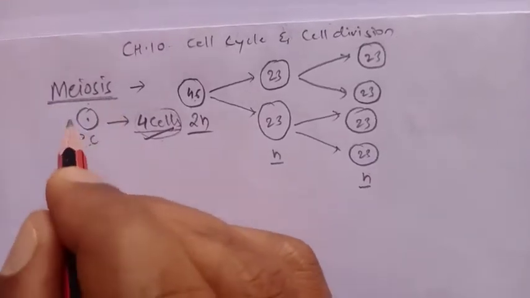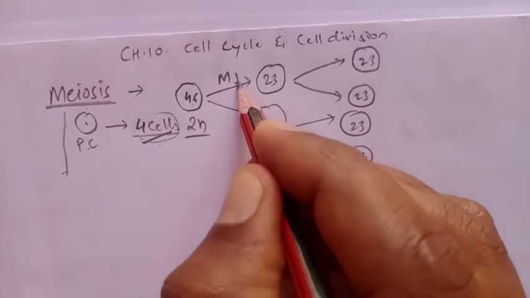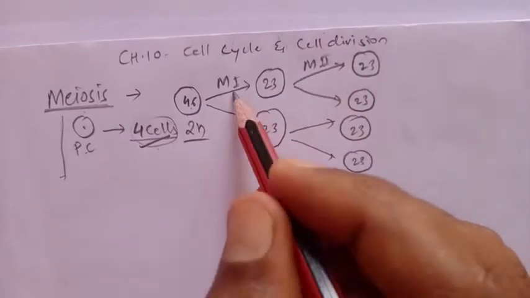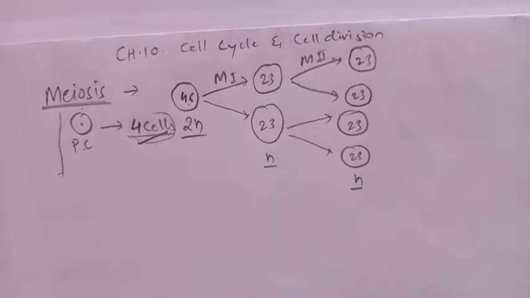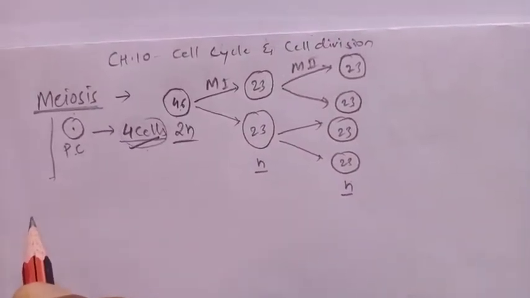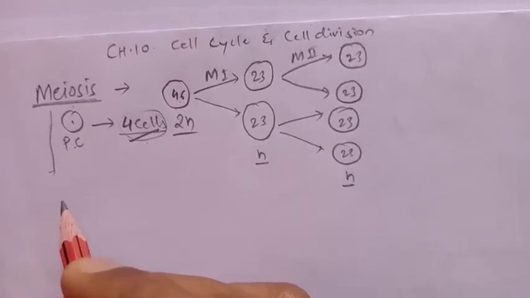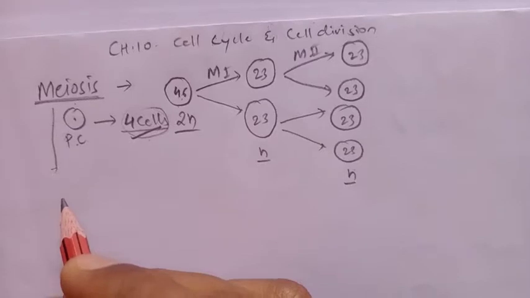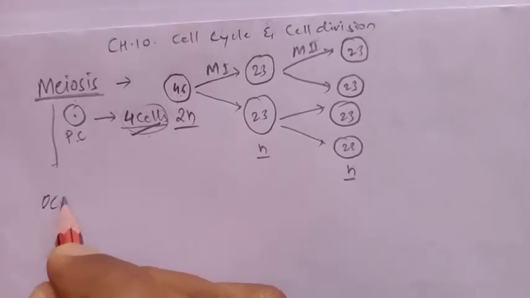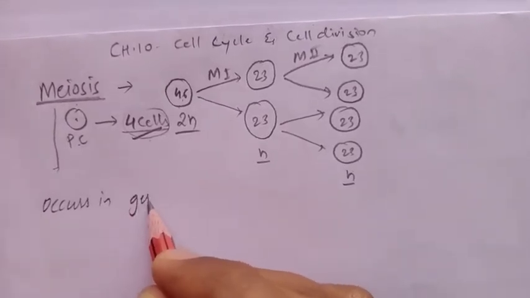Meiosis occurs mainly in 2 stages, that is meiosis first and meiosis 2. We'll go into details later on. Meiosis occurs in germ cells.